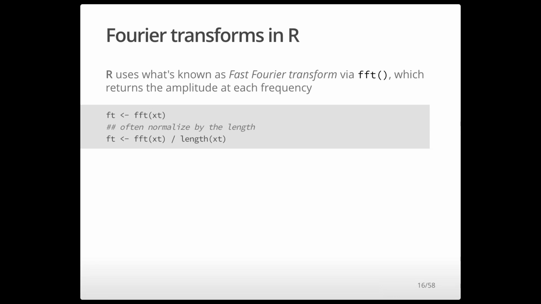So what's typically done then is people will normalize this by the length, just to shrink these values to a unit scale. The reason this is called the fast Fourier transform is that in the estimation of this, in order to be exhaustive, you have to search over n squared different combinations of your x's. And in the fast form, it's n times log n.